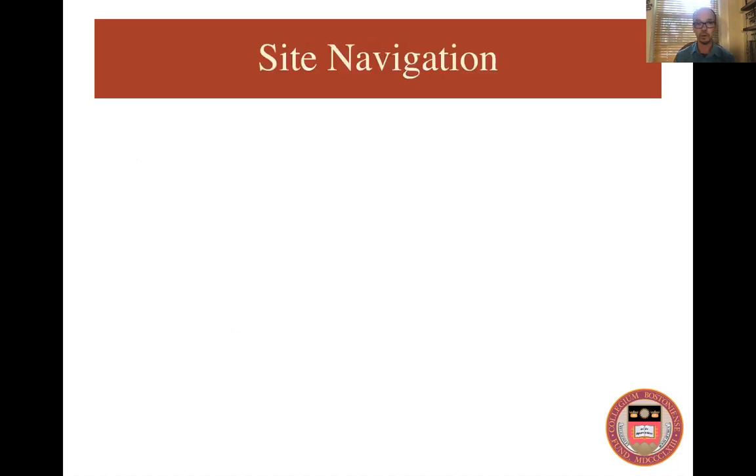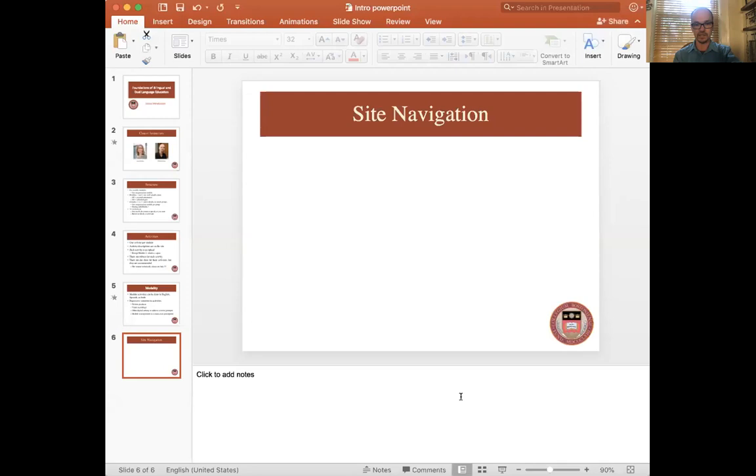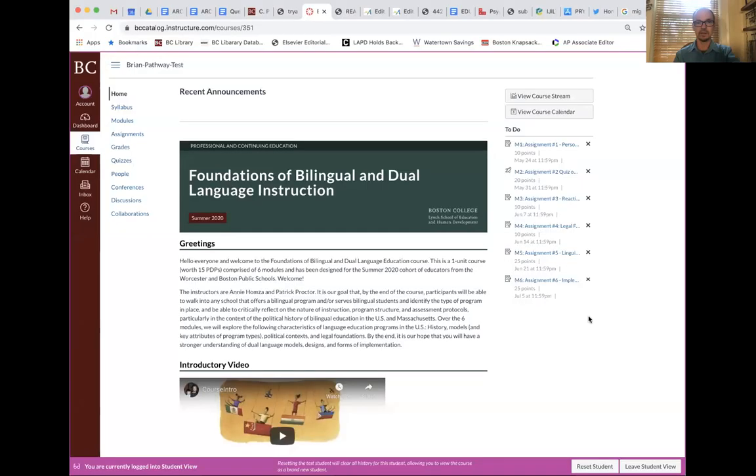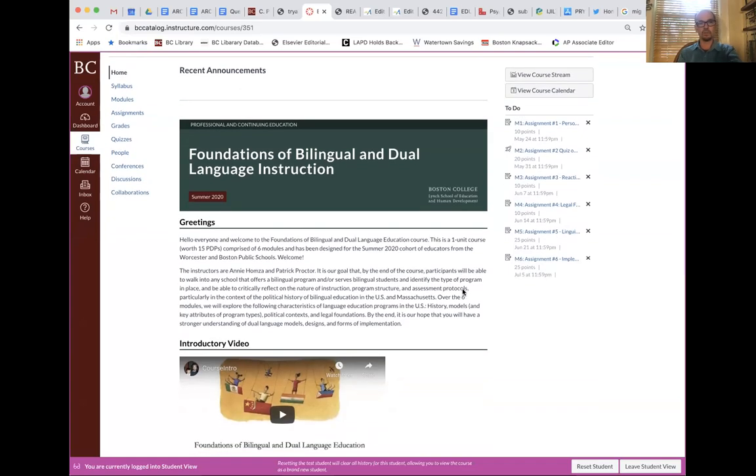So that's a general overview, and now I'd just like to show you what the site looks like through some site navigation. So I'm going to stop this share. I'm going to start one more so that you can see the course site. So here's what you will see when you go to the home page. So if you look up here, there's the home page.